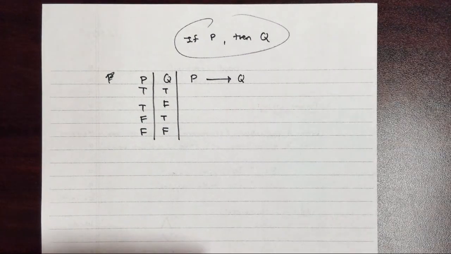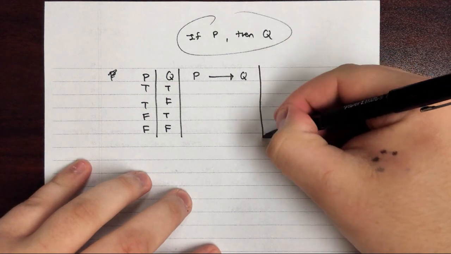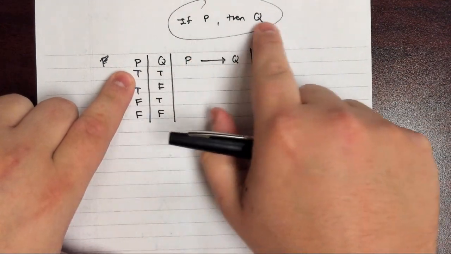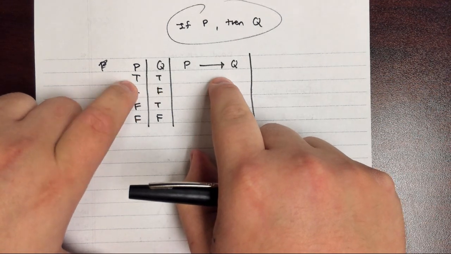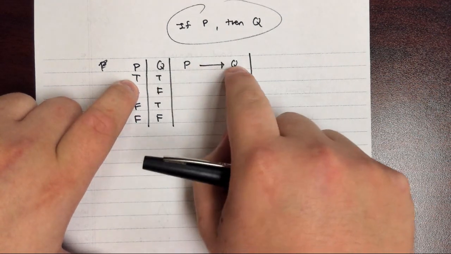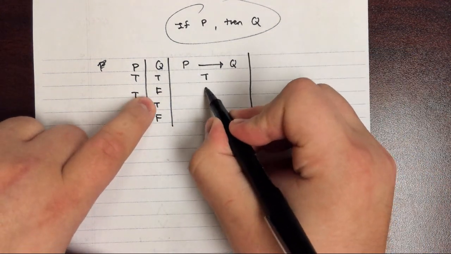You know, if two points are on a line, then what can be true about them? So let's think about that. So if P, then Q. P is true and Q is true? Uh huh. That's true. So then is this statement true? Yes. How about the if? That's false. Yep, that's false.